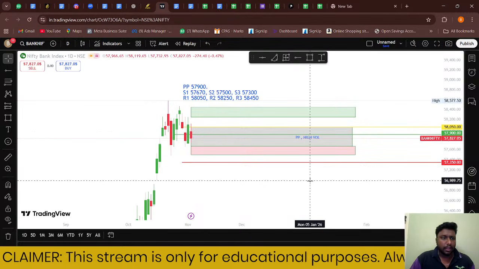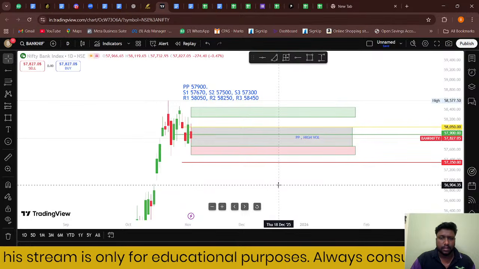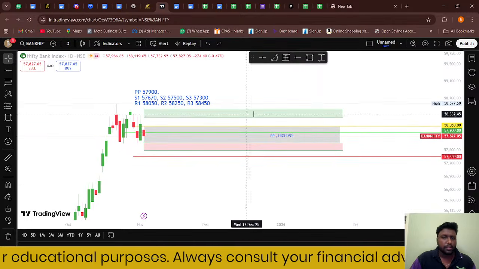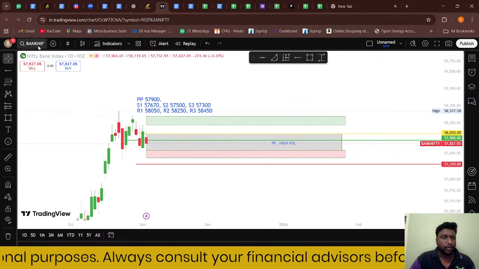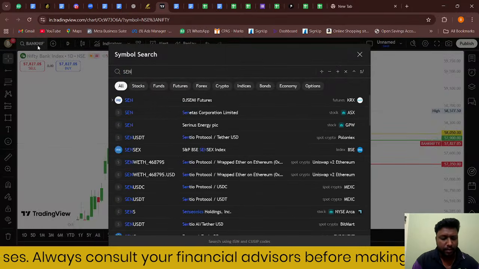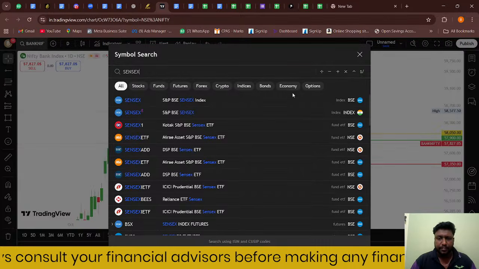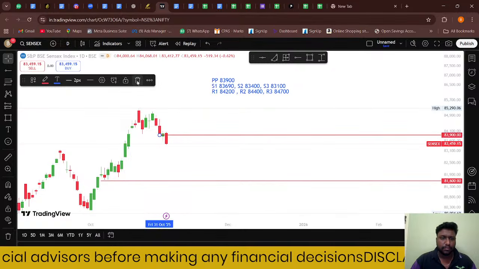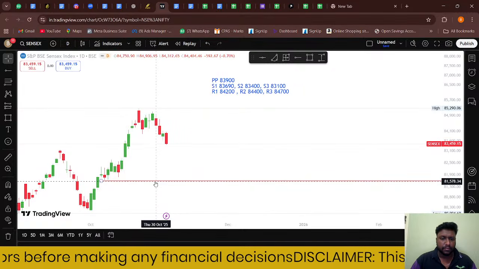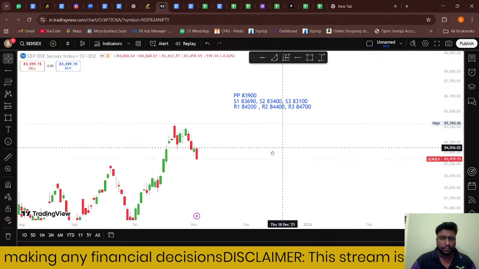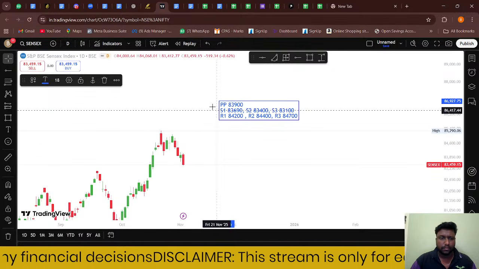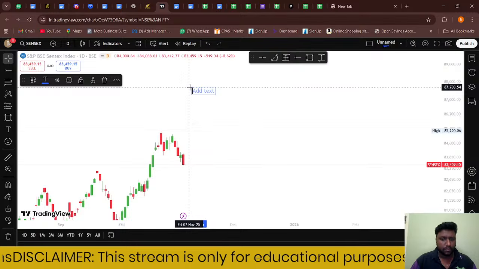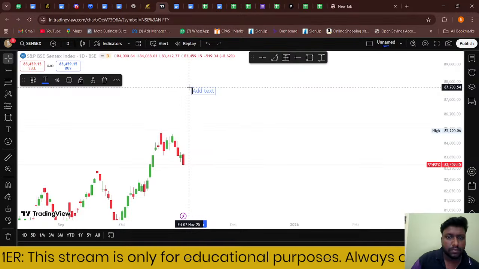So these are the three supports and resistances, and also the zones with respect to our pivot line. We will quickly move on to the Sensex levels.